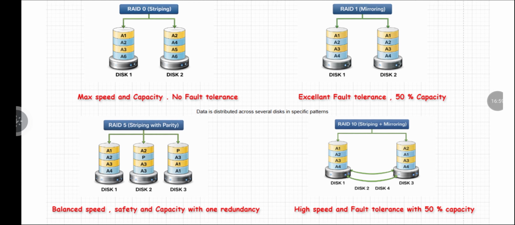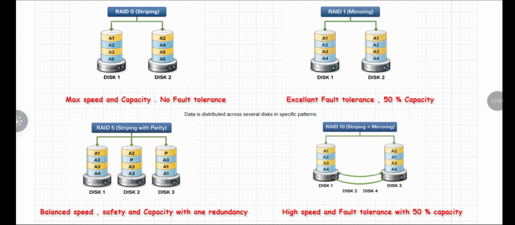Similarly, go with RAID 5. Here in RAID 5, we require 3 disks: disk 1, 2, and 3. It gives balanced speed, safety, and capacity with one redundancy drive. RAID 10, striping with mirroring: here we require 4 drives, disk 1, disk 2, disk 3, and disk 4.